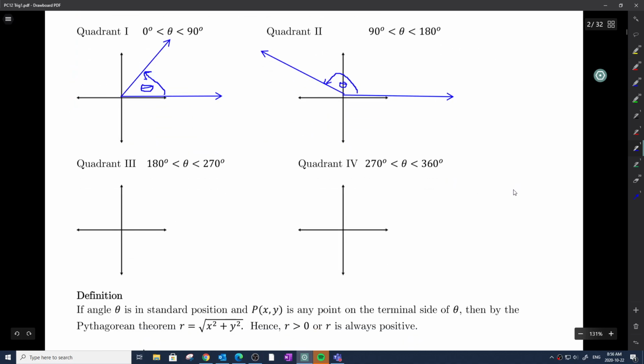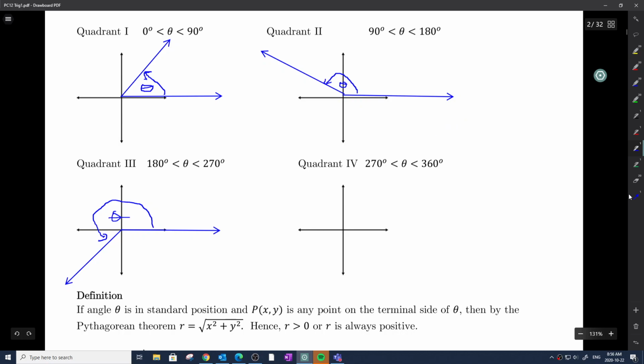Quadrant number 3. Again, we start off with the initial arm. The initial arm starts at the origin. The terminal arm starts at the origin, and if it goes into quadrant 3, it's going to be like that. It goes off into quadrant number 3. So this angle would be measured from the initial arm all the way to the terminal arm. So there's our theta there.